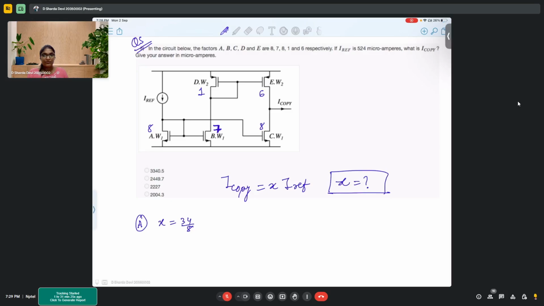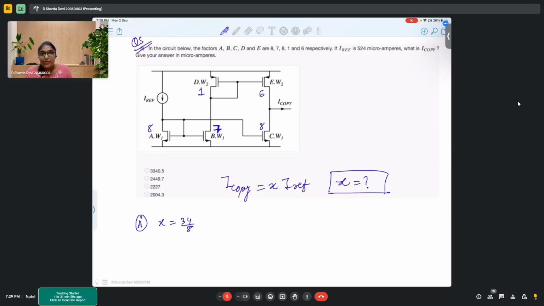Ma'am, can you explain the C part? Ma'am, how will we compute the IC part? Okay. First of all, you can see that C is the N-type transistor, correct?